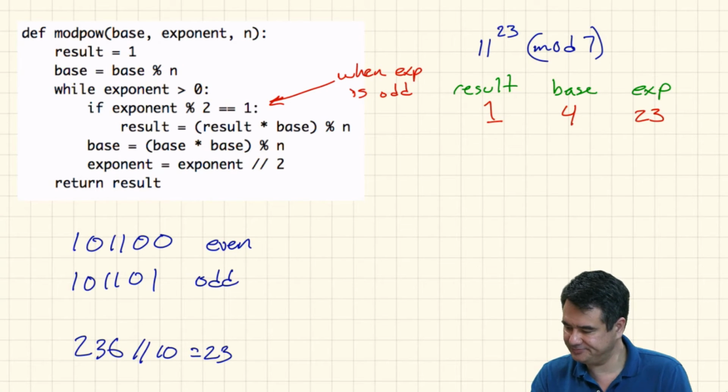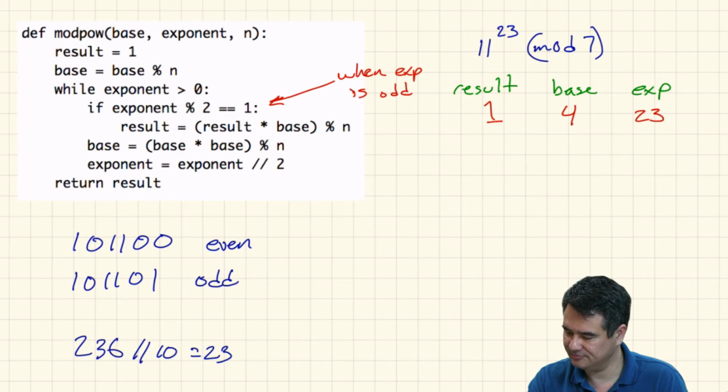So this first line, 1, 4, 23, is the initial line, and we're now ready to begin the loop. The loop condition is that the exponent is greater than 0, and it's odd, in other words, there's a 1 sitting in the ones column. So we take result, multiply it by the base, and then do modulo 7. Result is 1, times the base 4 is 4, and modulo 7 we still get 4.